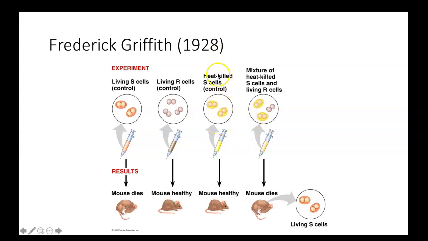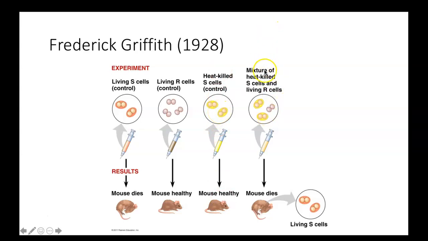Third little experiment he did, he took this first one and he heated them up and killed them. The first bacteria sample that he injected in the mouse, remember the pathogenic bacteria, he heated it up, killed it, injected it into the mouse, and the mouse didn't die. Okay, cool, you took something that was pathogenic, killed it, and then it no longer worked. That's what we would assume to happen.